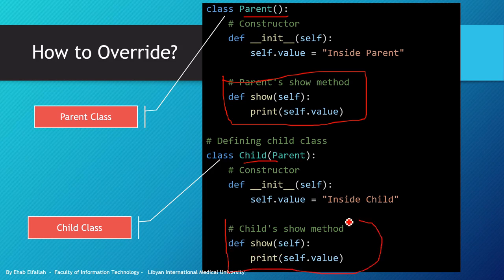So when we take an instance from the child class, this method will be executed, not the parent's method. If we didn't have this method, the parent's method would be executed because the child class inherits from the parent class. But because we override the method show, the implemented method in the child class will be fired.